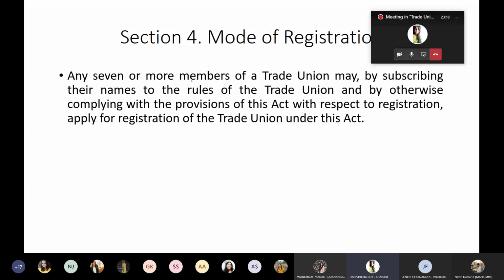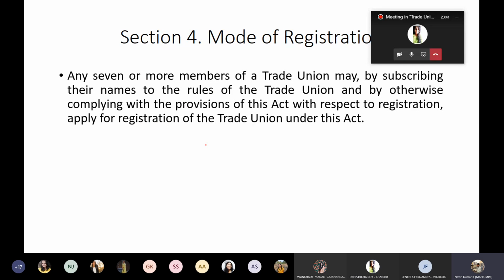Section 4, Mode of Registration. Any 7 or more members of a trade union may, by subscribing their names to the rules of the trade union and by otherwise complying with the provision of this Act with respect to registration, apply for registration of the trade union under this Act. Yeah, see, how many members?